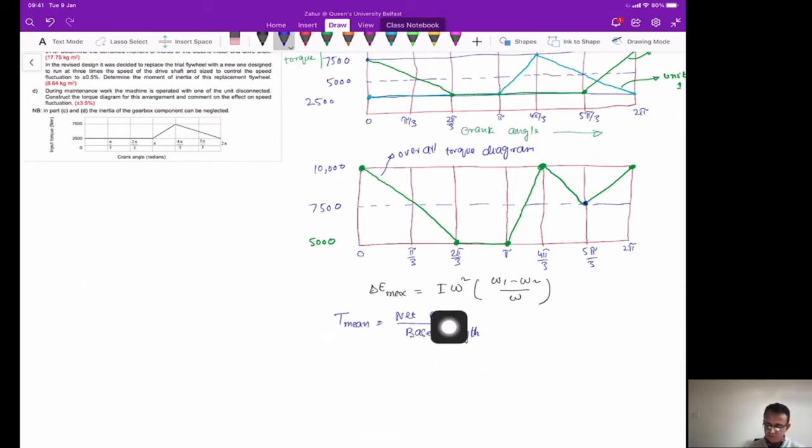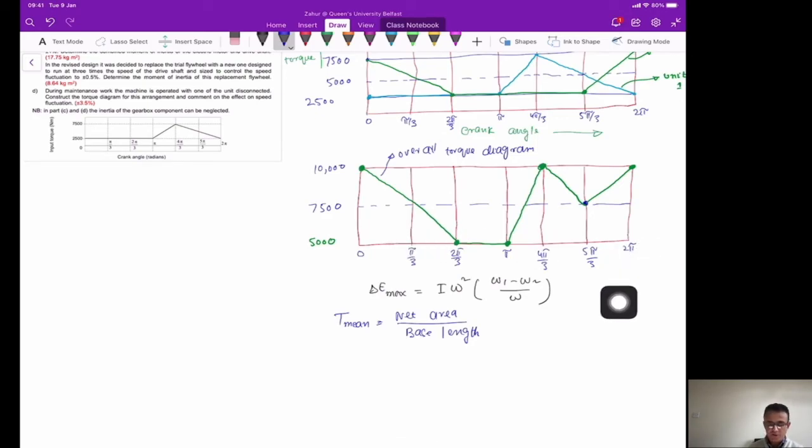So using this equation you will need to calculate this area of the triangle here, and you will need to do this from the zero torque line.